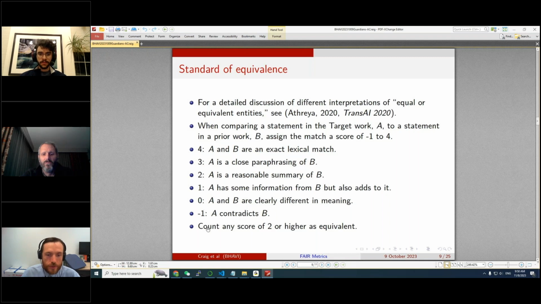In any case, 4 is the highest, as equivalent. So they're equivalent if something A is a reasonable summary of B, A is a close paraphrasing of B, or of course they're exactly identical.